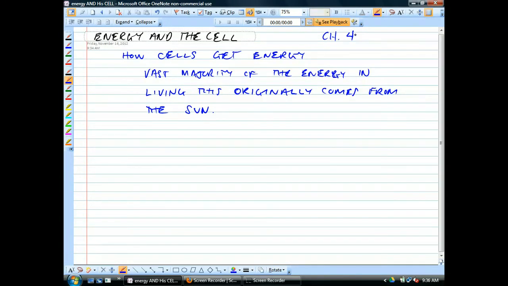First of all, I'm going to draw a little scheme that shows the sun over here. There's the sun out in space. The sun is basically a big nuclear reactor. It's doing nuclear fusion all the time and producing a tremendous amount of energy that's coming out in the form of light, right? So we'll call this light energy or solar energy.